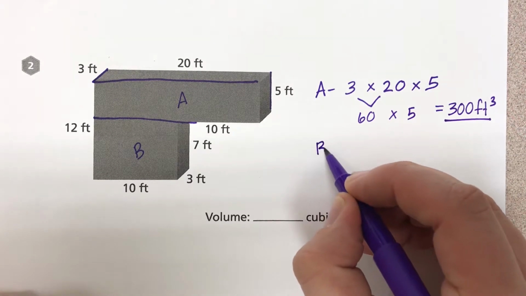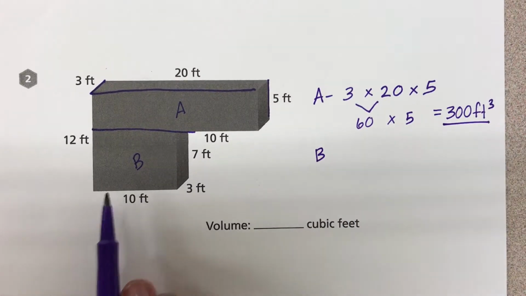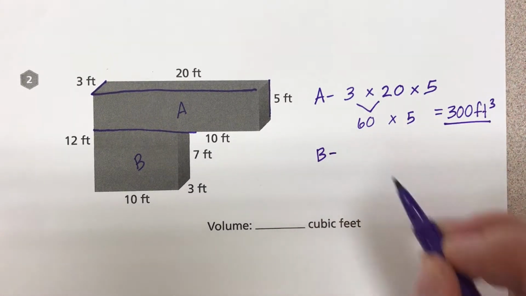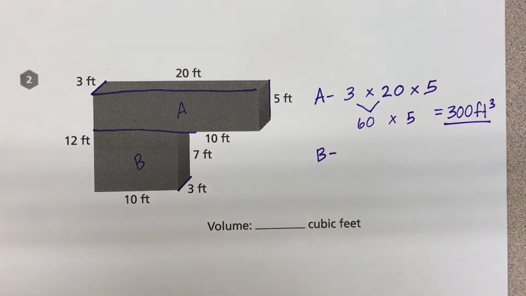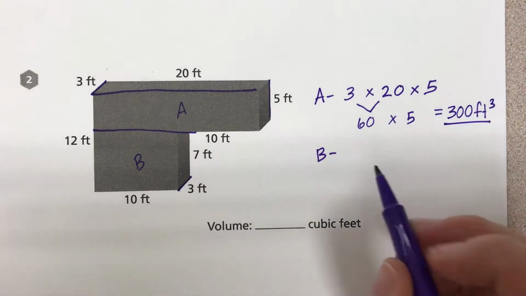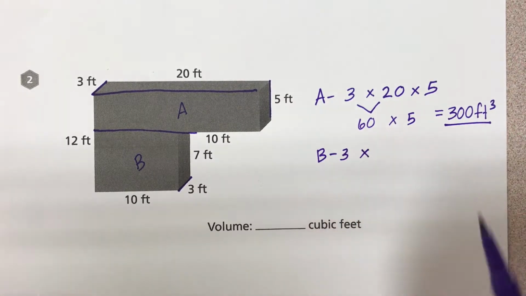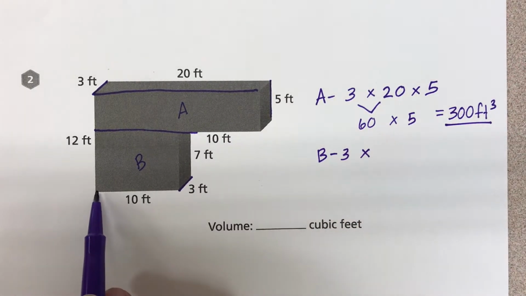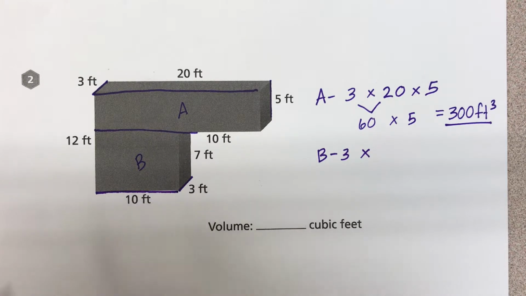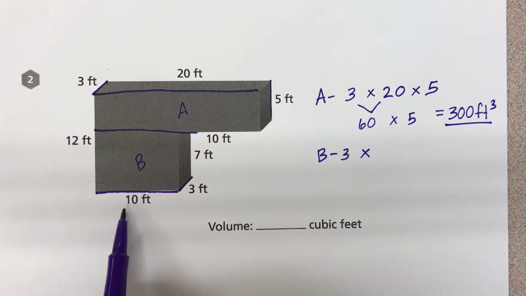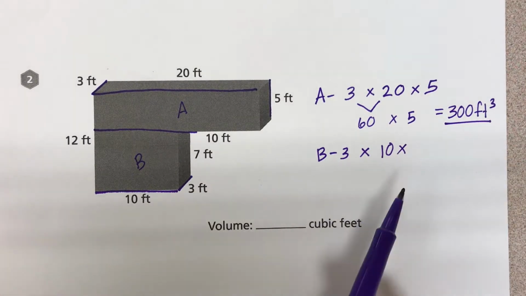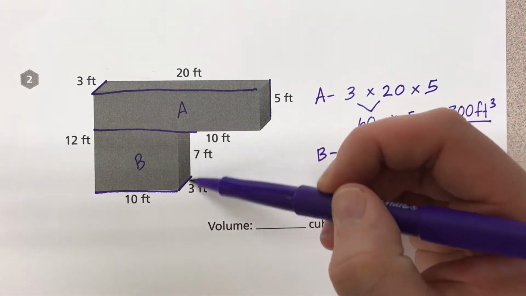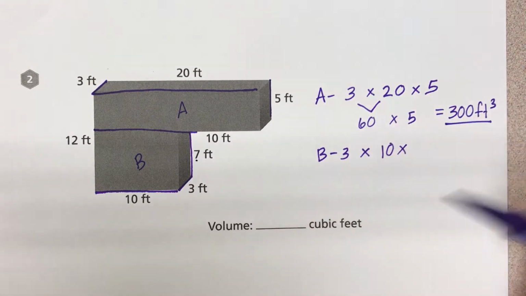Now let's work on B. B is down here. So we're going to go for the length first as well. The length is going back that way. We can see that it's labeled for us as 3 feet. The width is what's in front of us, so that long portion there, and it's labeled for us again as 10 feet. And then our height is going up and down, and again, they labeled it for us.